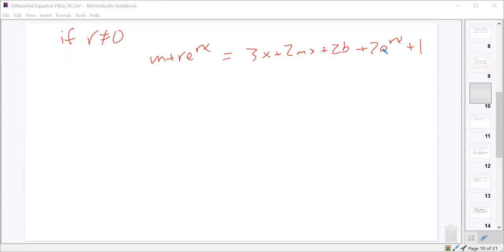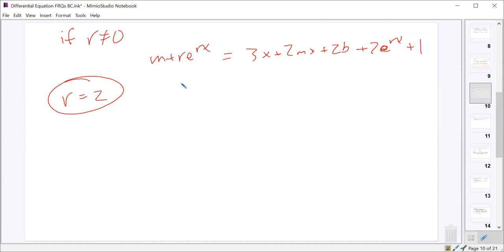Then the 2e to the rx's. So we'd look here and say, well, in this case, if r isn't 0, I've got an r e to the rx on this side, and I've got a 2e to the rx on this side, so r would be 2. So once we decide that r is 2, we can go in here and we're just left with our m on this side.